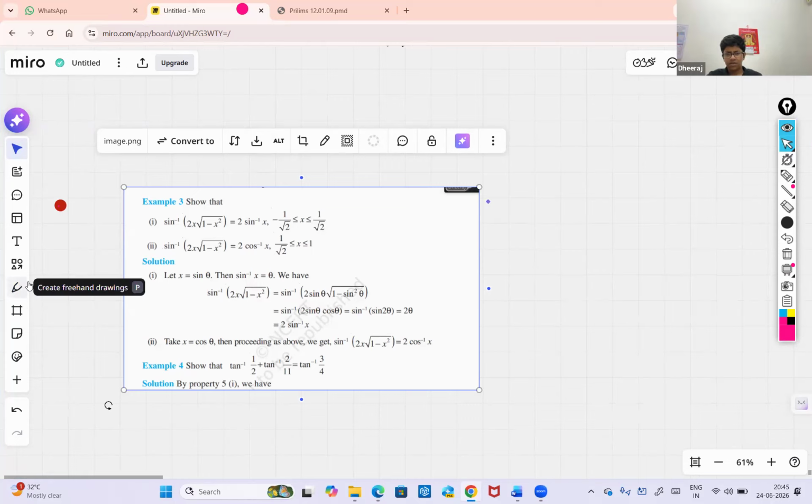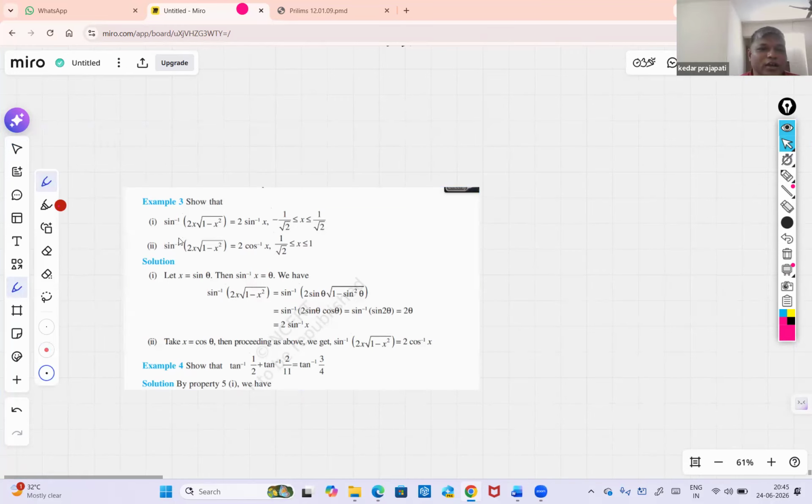So I'm planning to solve this. First we have to think. LHS equal to RHS we have to show. If you try to prove LHS equal to RHS, which one is the simplified version? This is the simplified one.